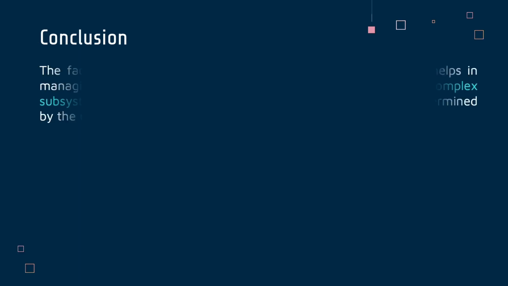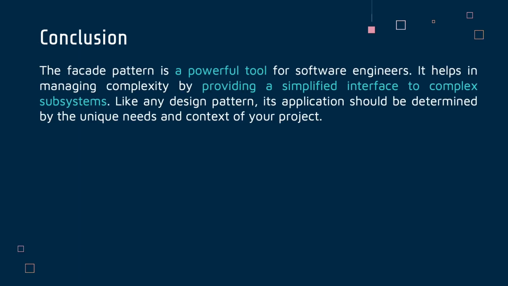In conclusion, the facade pattern is a powerful tool for software engineers. It helps in managing complexity by providing a simplified interface to complex subsystems. Like any design pattern, its application should be determined by the uniqueness and content of your project.